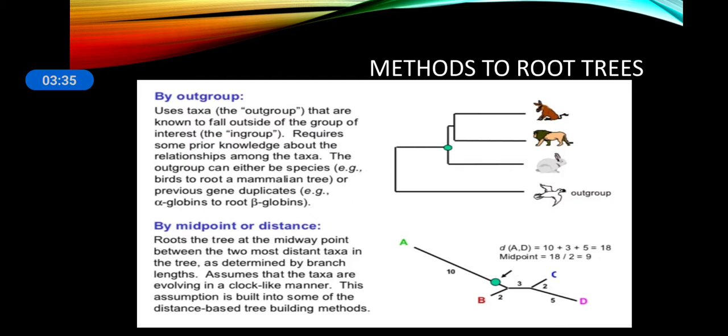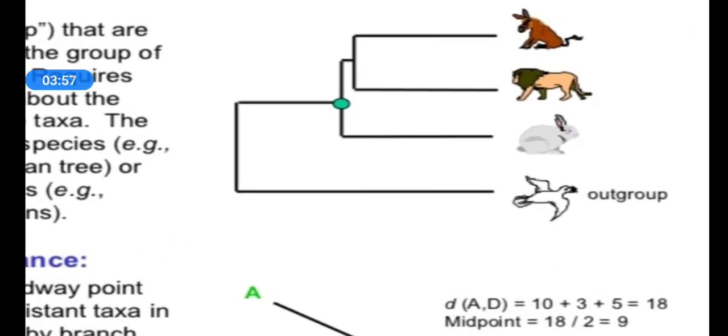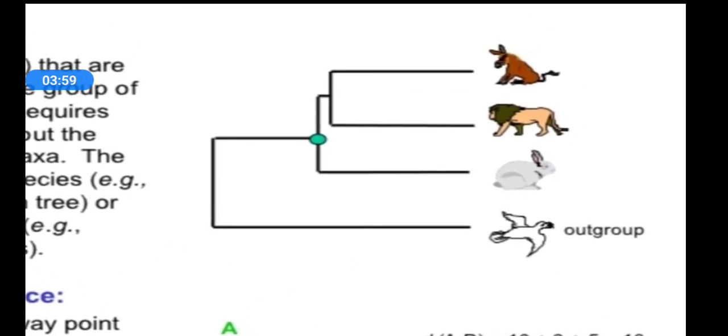In the outgroup method, we use an outgroup, or a taxon that is known to fall outside of the group of interest. That is, we use an outgroup that is known to fall outside of the in-group. Here you can see this bird is the outgroup.